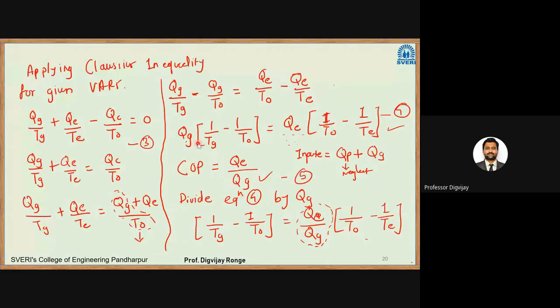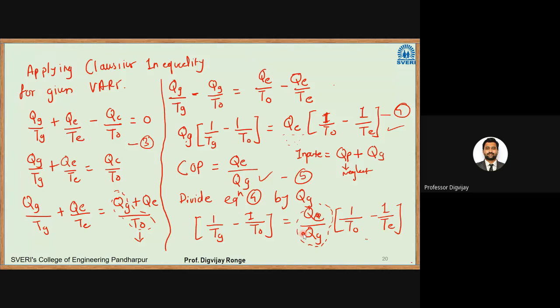So you can do the same in the above equation. So I will take QE by QG on one side and the remaining term I will put to the LHS, right? So divide equation 4 by QG, right? So this is how you will get it. So in the last lecture I took this derivation.